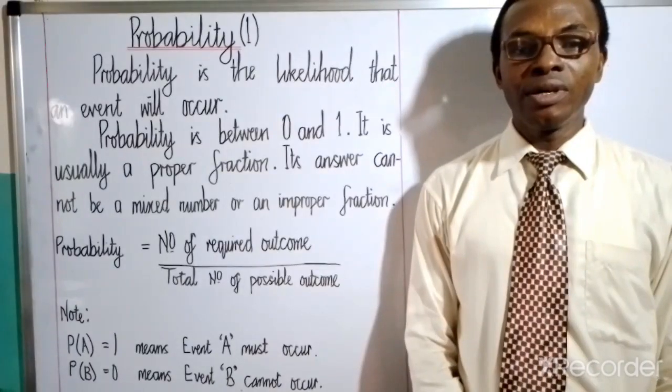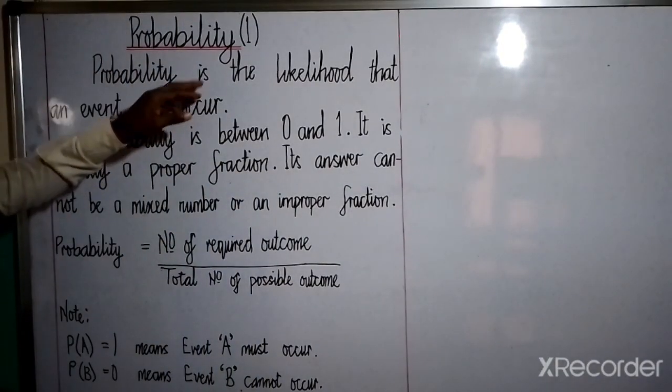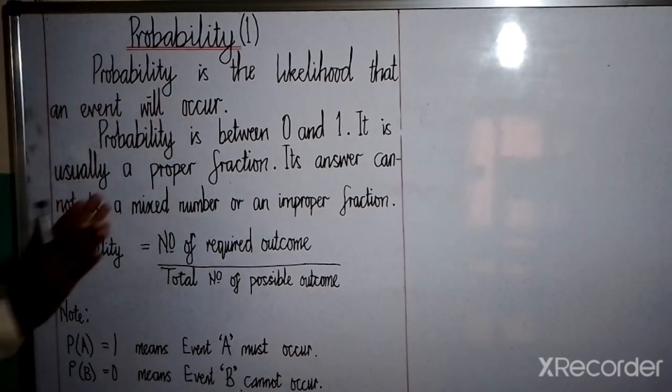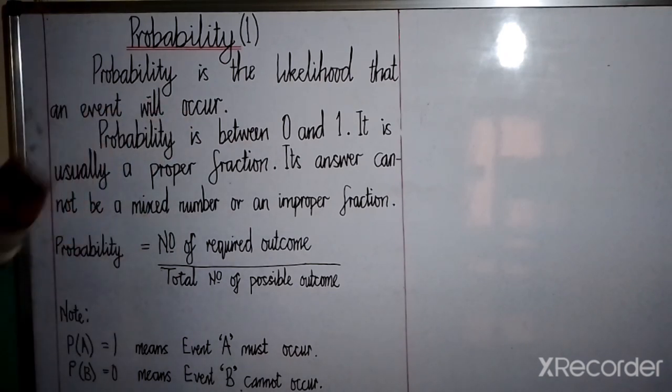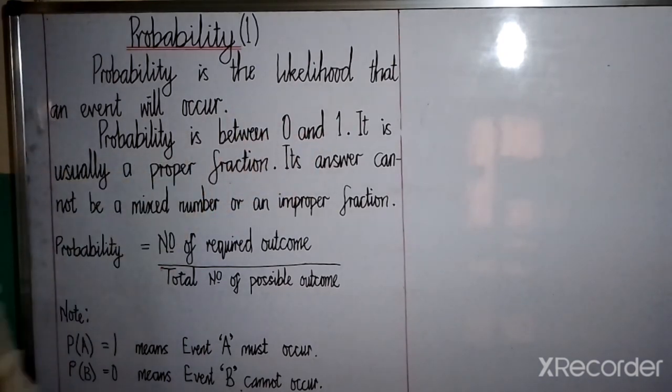Alright, today we'll be looking at probability 1. Probability actually is the likelihood that an event will occur. Probability is between 0 and 1. That means the answers you can get in probability are 0, 1, or something in between.